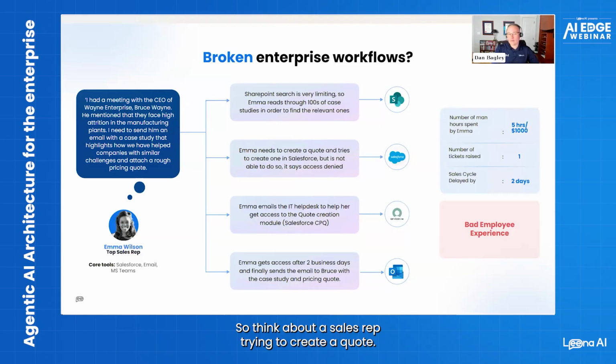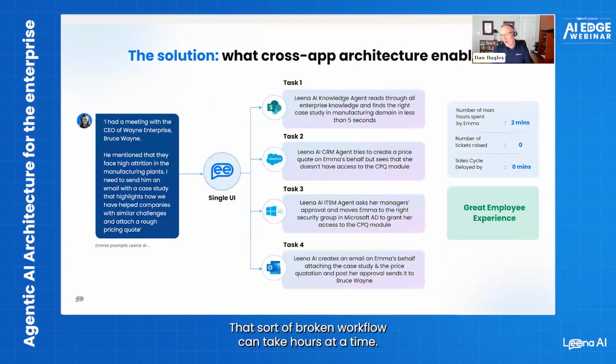So think about a sales rep trying to create a quote. They have to access SharePoint for a knowledge repository. They have to access Salesforce in order to generate a quote. They need to access ServiceNow in order to open up a ticket to troubleshoot a technical problem, and then email it inside of Outlook. That sort of broken workflow can take hours at a time.